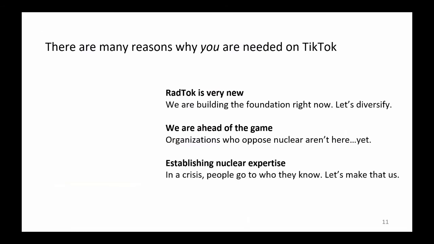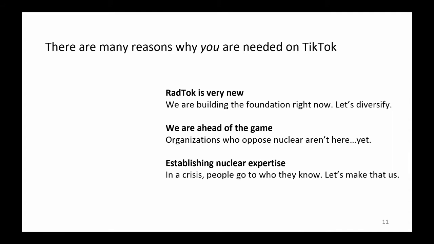And then establishing that nuclear expertise. This is a little different than what I was talking about before about diversification. In a crisis, so something happens, such as at the Taishan nuclear plant, or maybe there's some sort of radioactivity that's released somewhere. When that type of thing happens, people go to who they know as the experts.